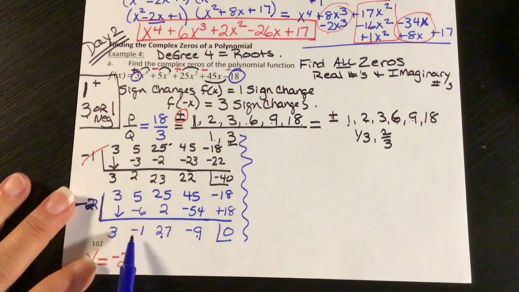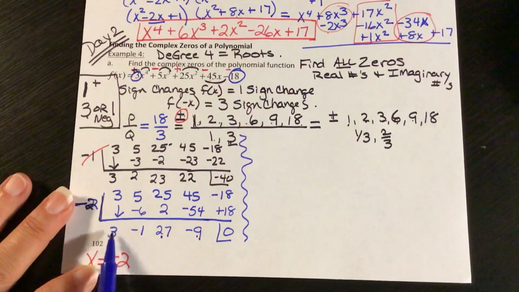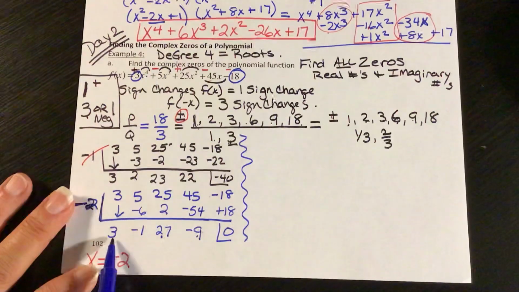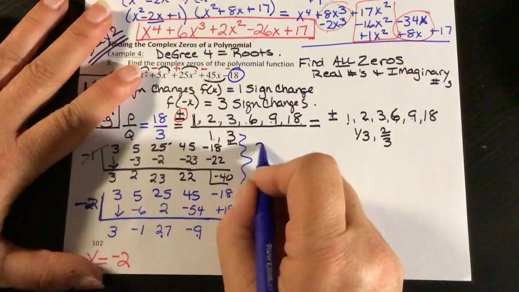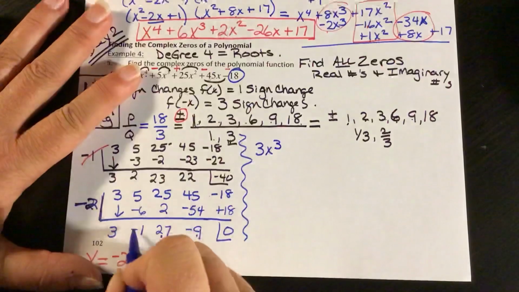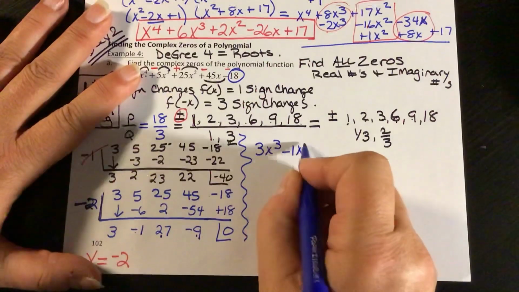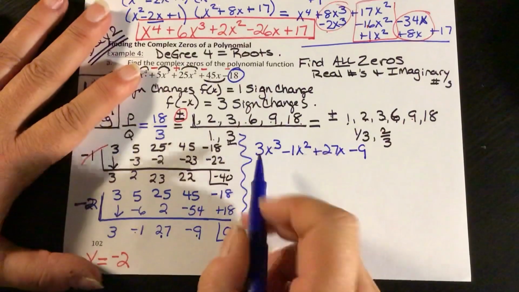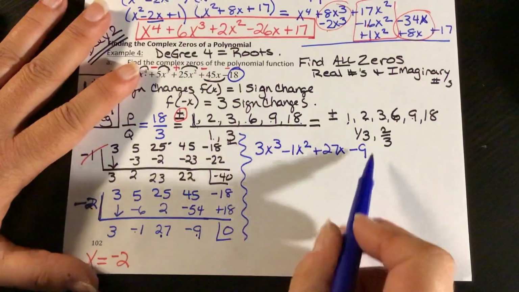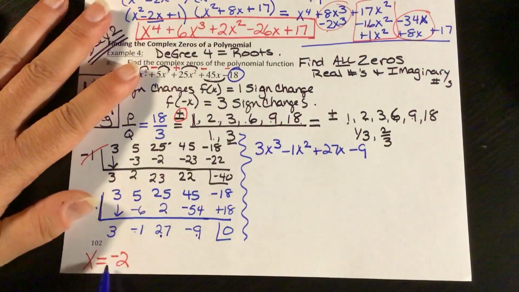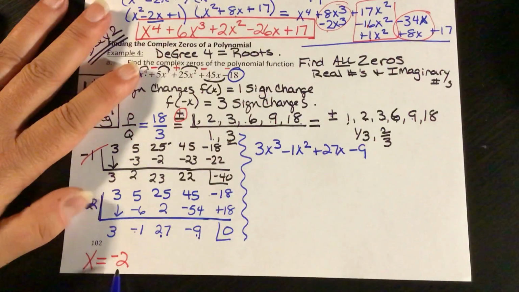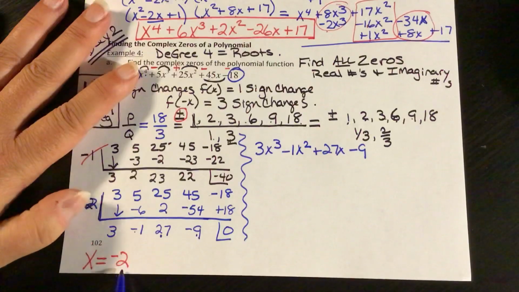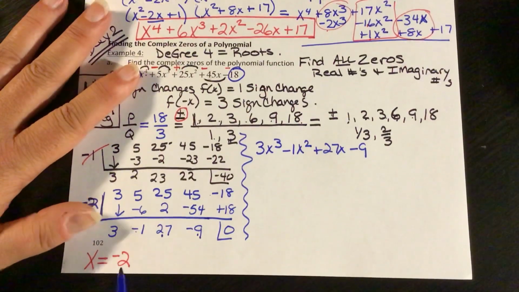I'm left with a polynomial that is 1 less than what I started. So I have an x to the 3rd power. So this would be 3x to the 3rd minus 1x squared plus 27x minus 9. So this is my polynomial that I have after I divide by x plus 2, because x plus 2 would be that factor.